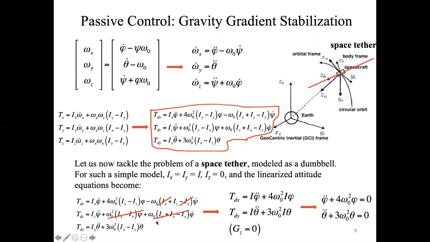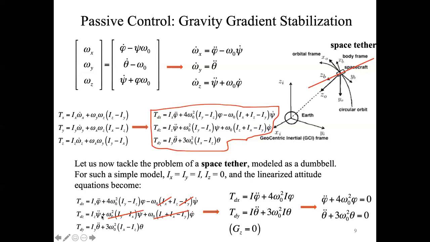Basically the only terms of the gravity gradient that are not equal to 0 are in the roll axis and the pitch axis. So the gravity gradient term, what is called GZ here, is basically 0.